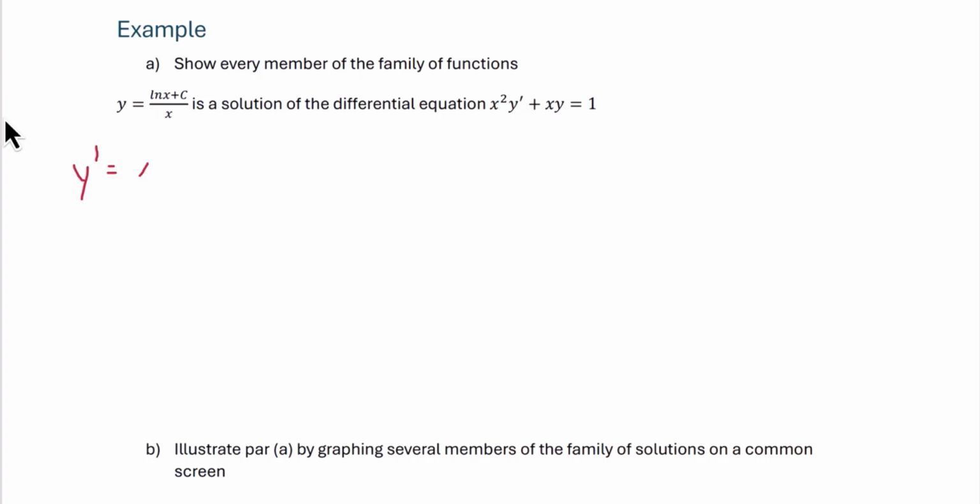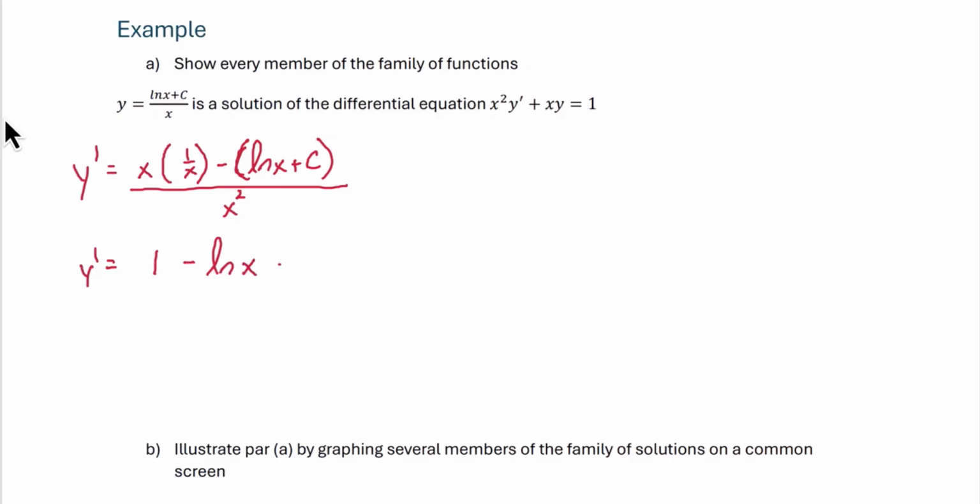We have the denominator times the derivative of the top minus the top times the derivative of the bottom, which is just 1, all divided by the denominator squared. And we can simplify this a little bit. Y prime will be 1 minus natural log of x minus c, all divided by x squared.